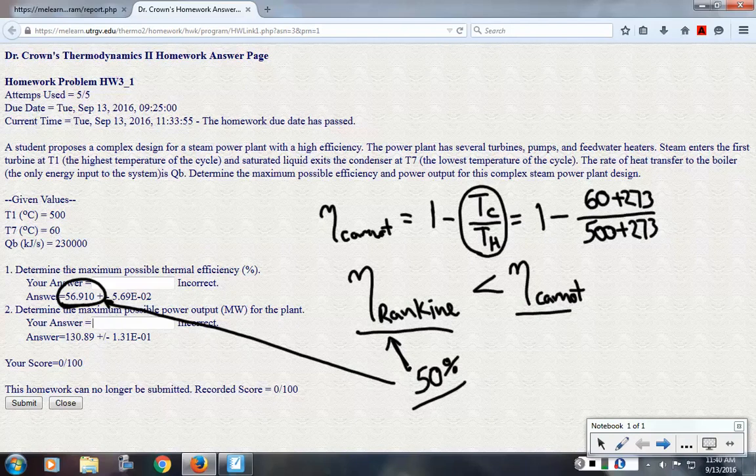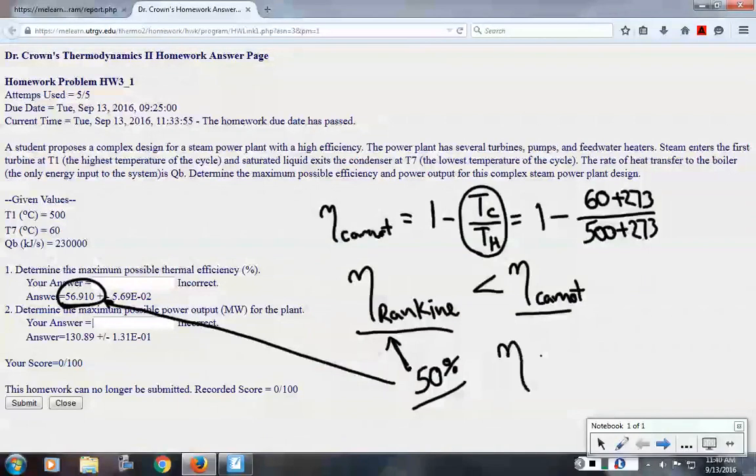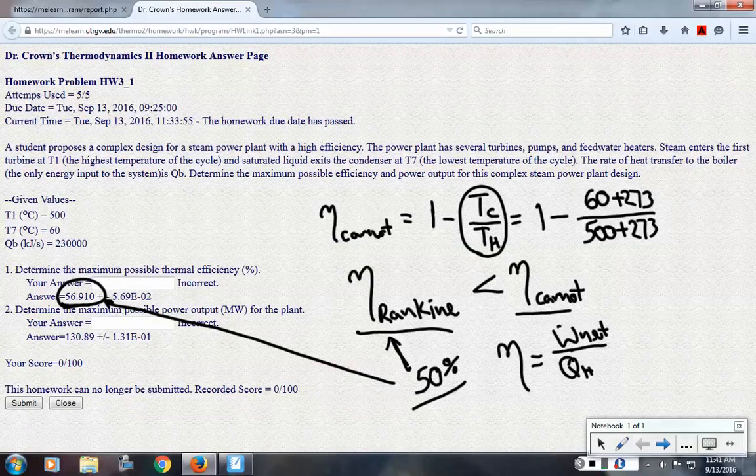Well, remember that efficiency, both for the Rankine and the Carnot, is the desired output, which in this case is the net power, over the required input, which is our high temperature heat transfer.